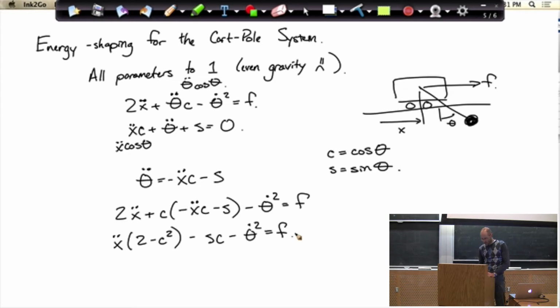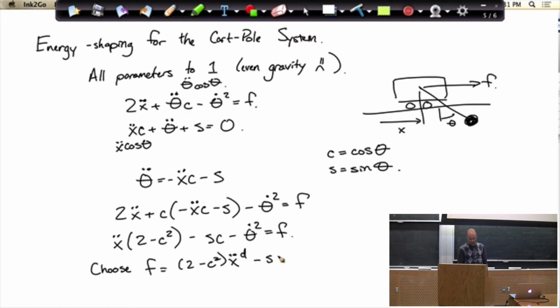So I can use that force to regulate exactly my acceleration of my cart. If I have a desired acceleration of the cart, I could choose my controller to be 2 minus c squared x double dot desired, right? Minus sc minus theta dot squared.